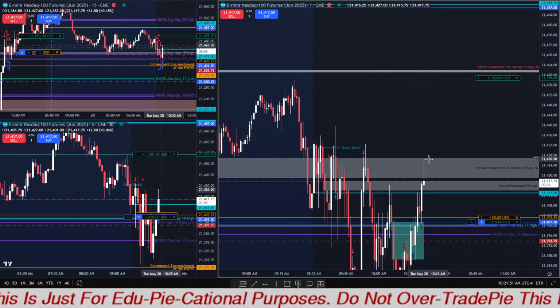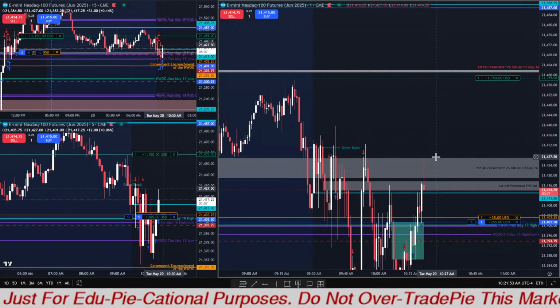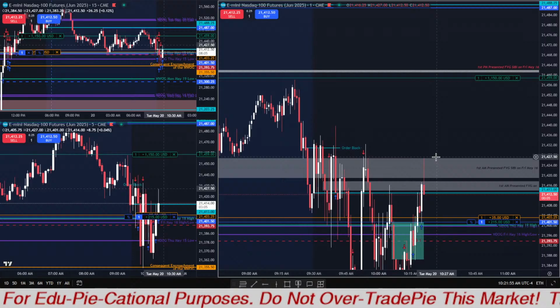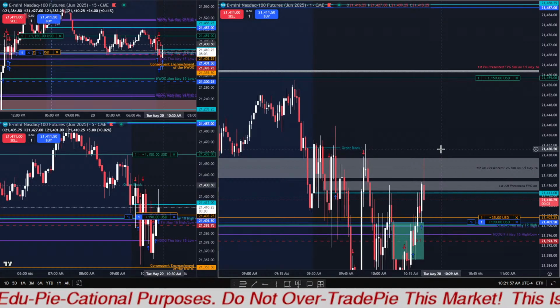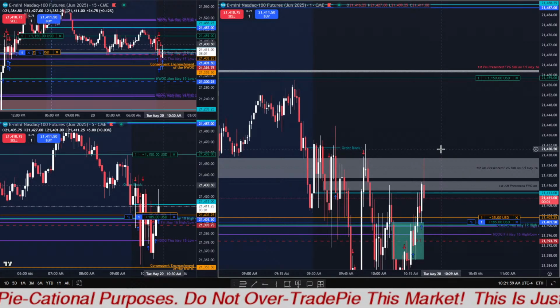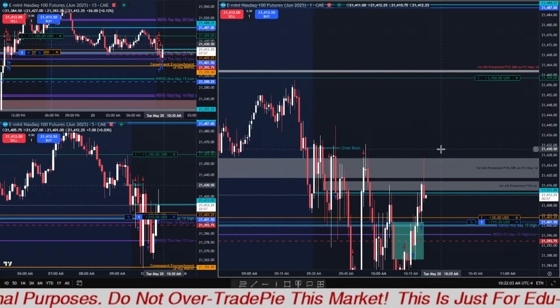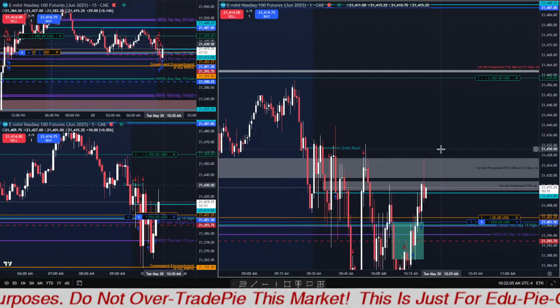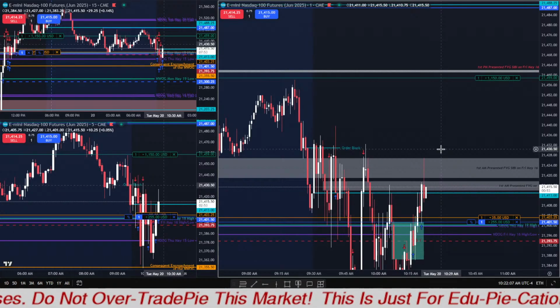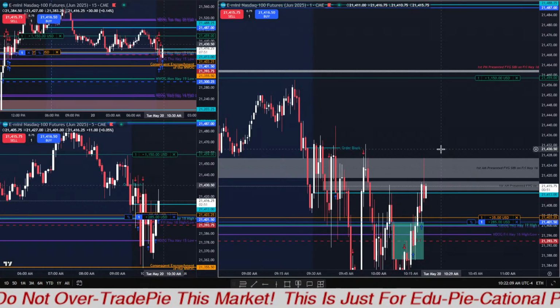But I require the market to close above this first presented fair value gap from Friday. So far they are respecting the consequent encroachment of the new week opening gap for today's trading session.